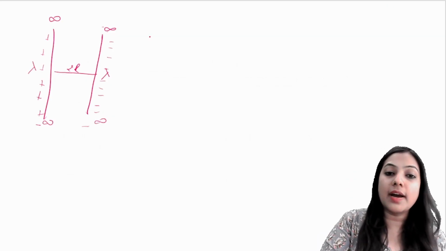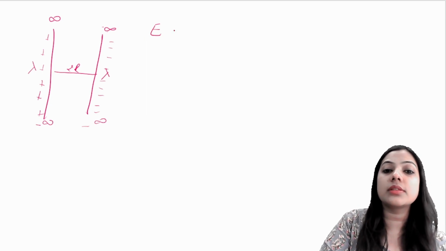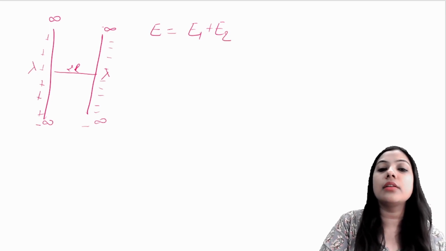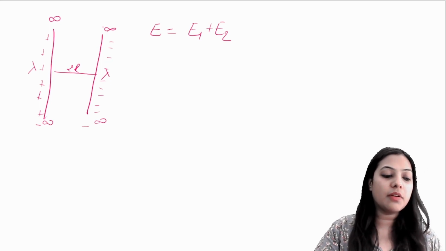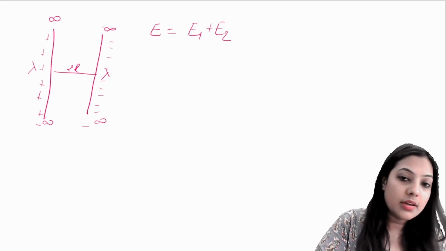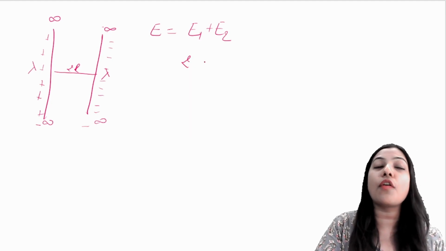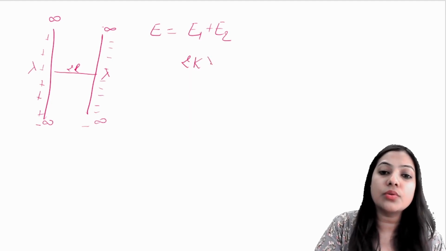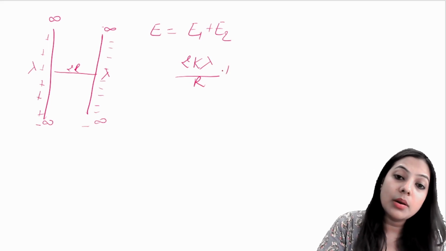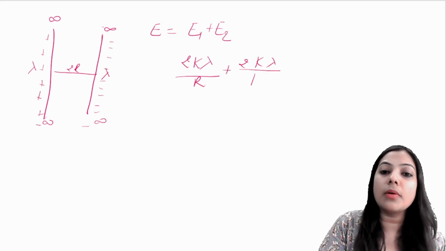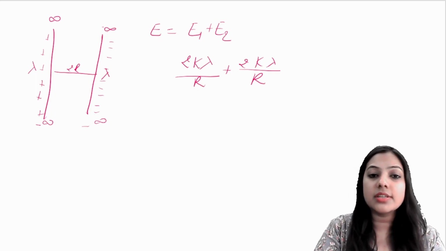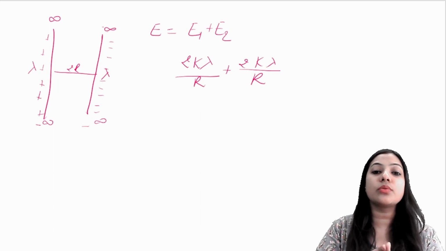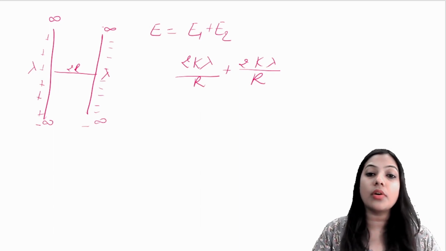To find the electric field, what will we use? The net electric field due to both charges is E equals E1 plus E2. The value of E1, by the formula for linear line charges, is 2k lambda upon R, plus 2k lambda upon R due to the other charge.